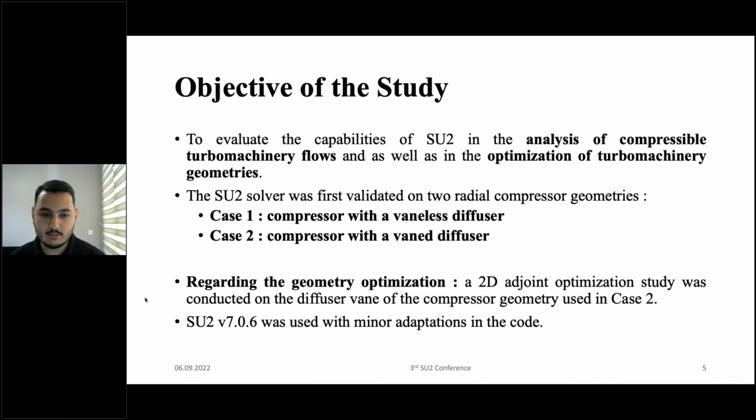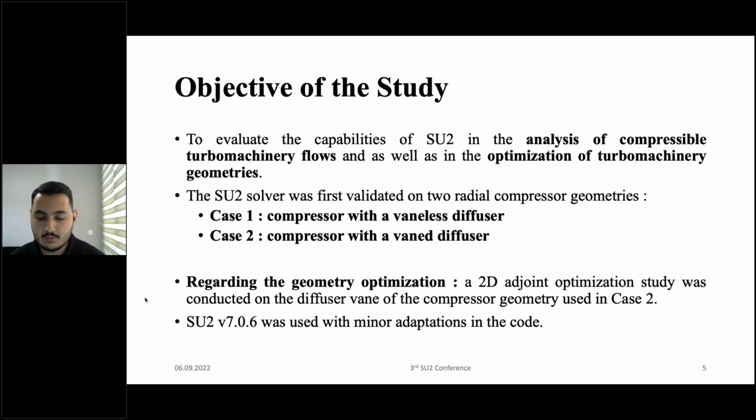The objective of our study was to evaluate the capabilities of SU2 in the analysis of compressible turbomachinery flows, as well as in the optimization of a turbomachinery geometry. The SU2 solver was first validated on two radial compressor geometries, and for that I have used a vaneless diffuser radial compressor and a vane diffuser radial compressor.